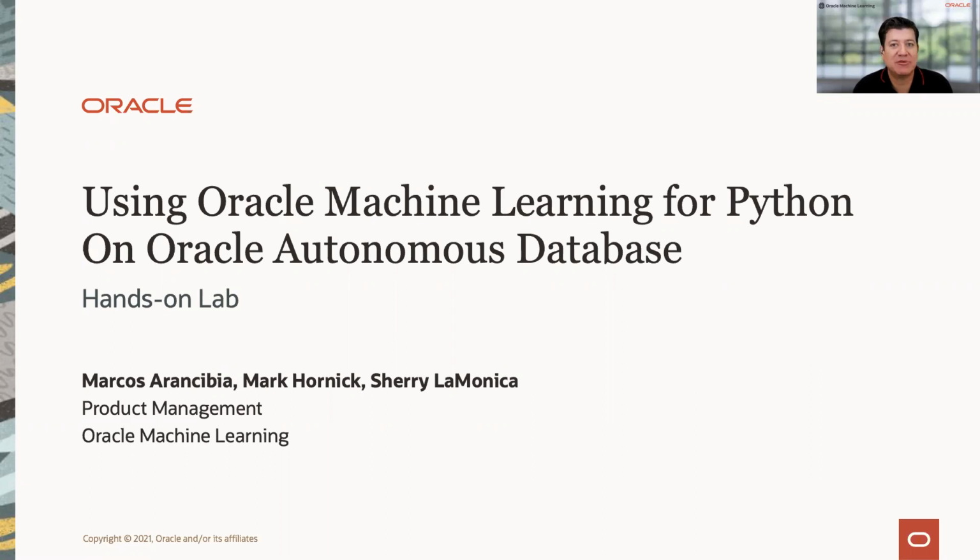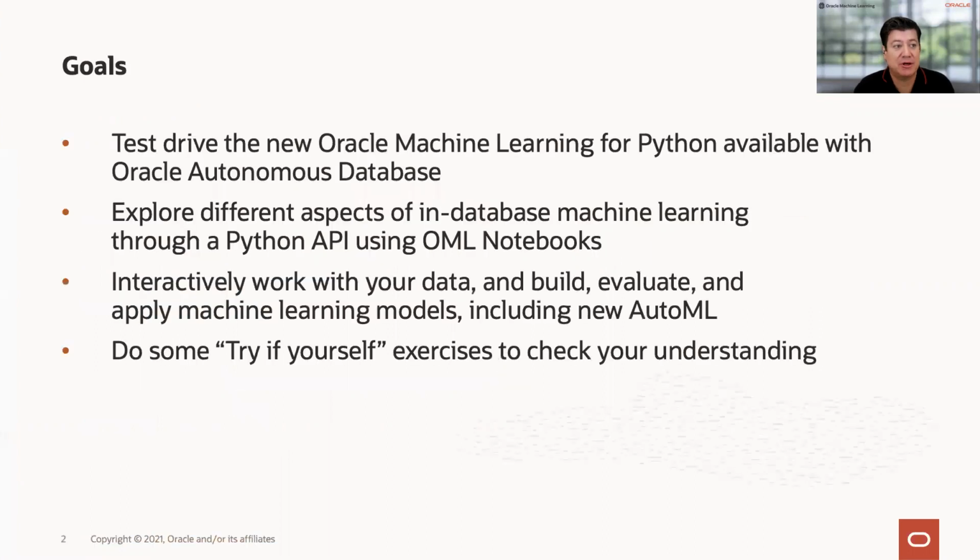So the idea for this afternoon is taking you through a hands-on lab on Oracle Machine Learning for Python. This is what we're going to be looking at in terms of steps, and the agenda here. It is a test drive of OML for Py. It's available already on all Oracle Autonomous Databases: data warehousing, transaction processing, and even the JSON database.